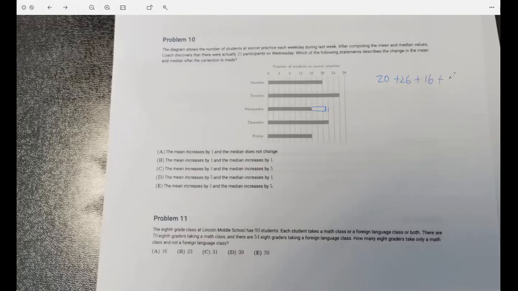And plus 21, 22, plus 60. The last is 60, right? So this equals 100, divided by 5. 100 divided by 5, I get 20, right?